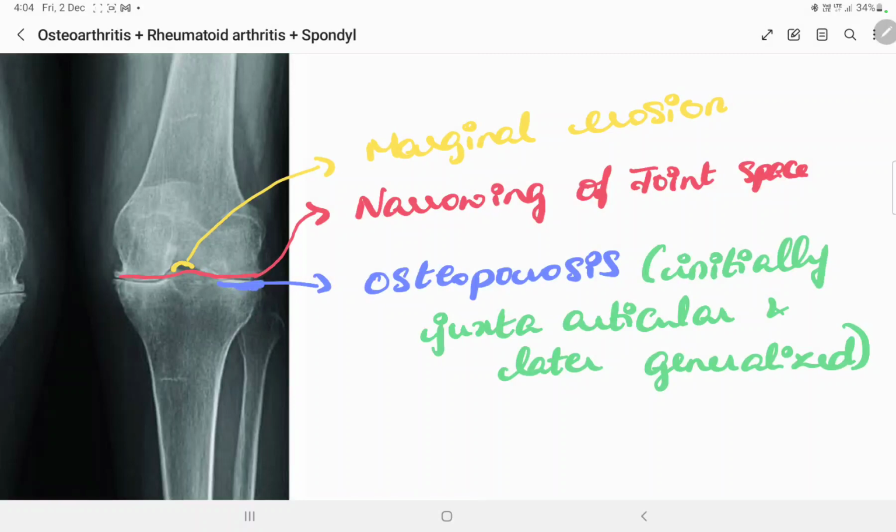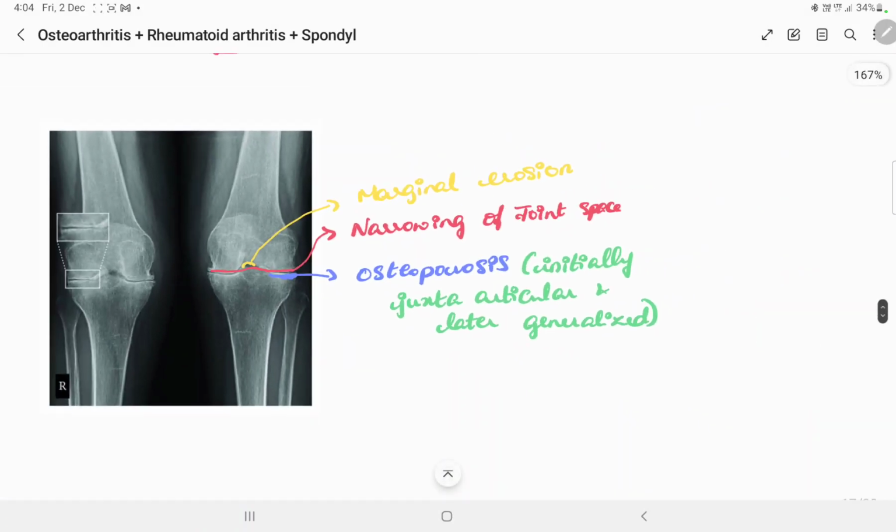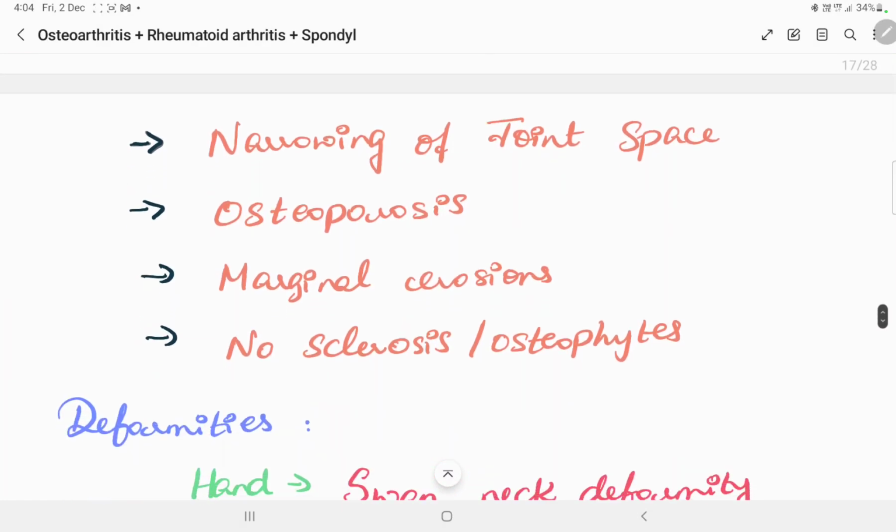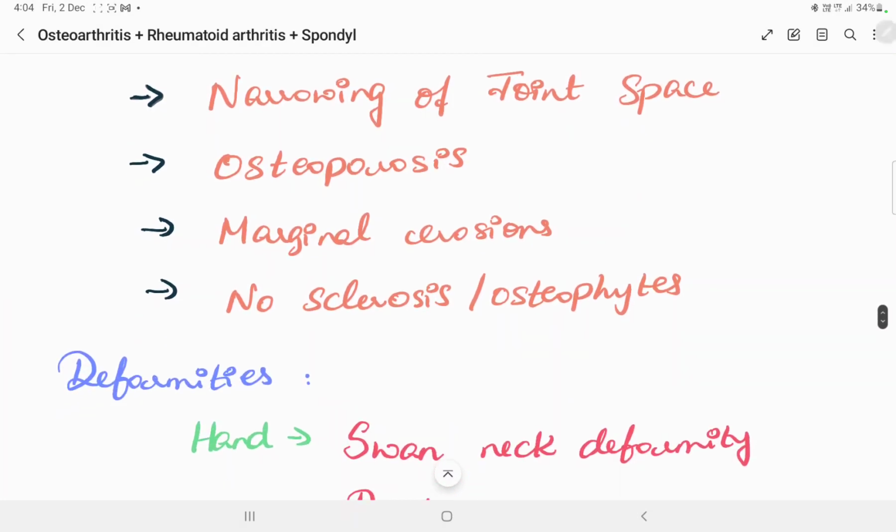Initially it is juxta-articular, but later on it will be generalized. So what we saw: narrowing of joint space, osteoporosis, marginal erosions, but no sclerosis or osteophytes. There was osteophyte formation in osteoarthritis, but it is not there in rheumatoid arthritis.